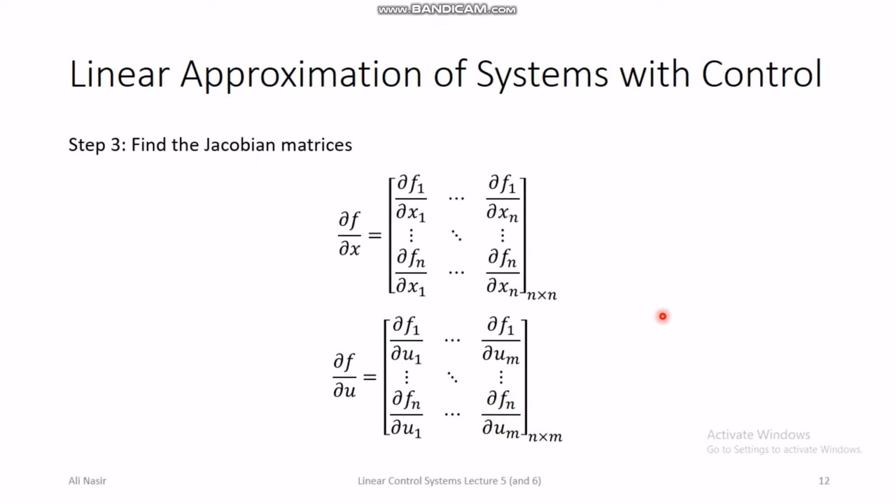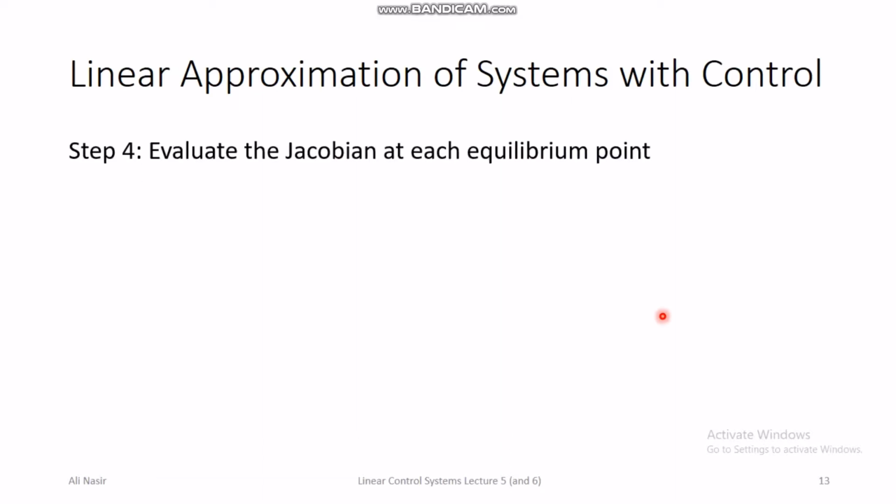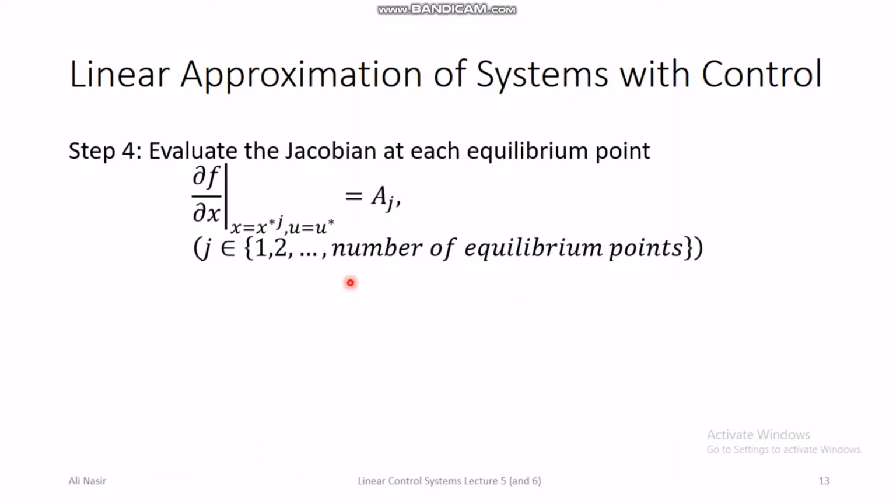Then evaluate the Jacobian matrices at x equal to x star and u equal to u star. There could be many equilibrium points, 1, 2, 3, and so on. Equilibrium points are represented by the superscript j here.